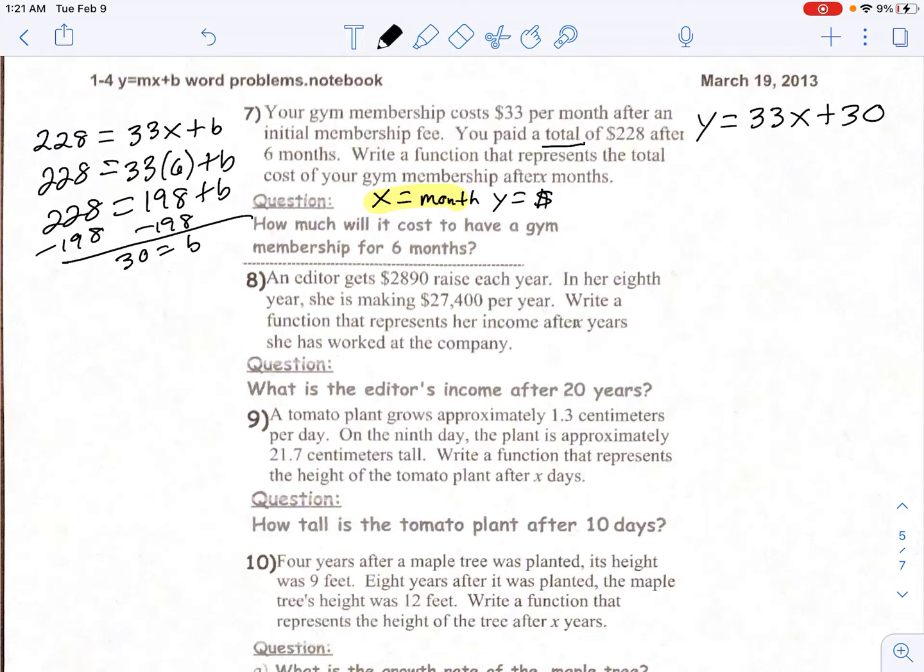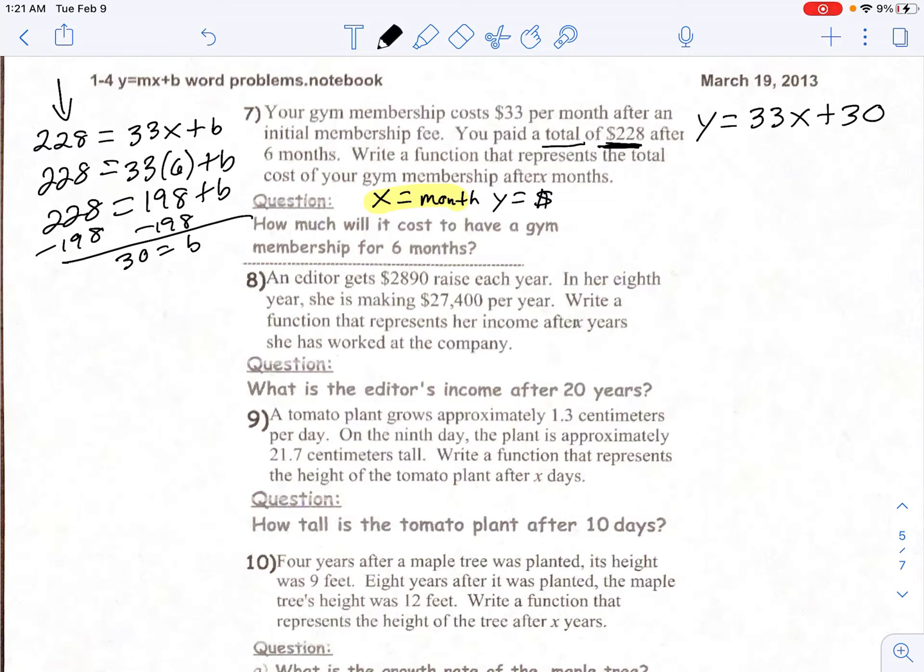With a fee, it's just the same amount that it already told. It literally tells you in the problem, $228 total for 6 months. I don't know why it would ask that for the question.